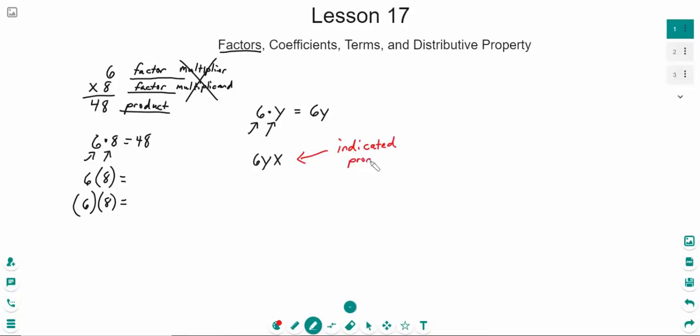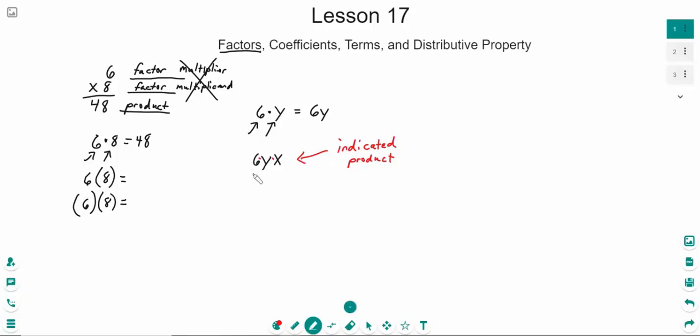And all that means is that we don't have an actual multiplication sign between these numbers and letters, but there is an invisible one. There's an indicated one, and that is the dot between these. So this is really saying 6 times y times x. It's all being multiplied. So again, this would be an indicated product. 6 is a factor of that product, y is a factor of the product, and x is a factor of the product. So that's all that we need to know really at this point about factors.